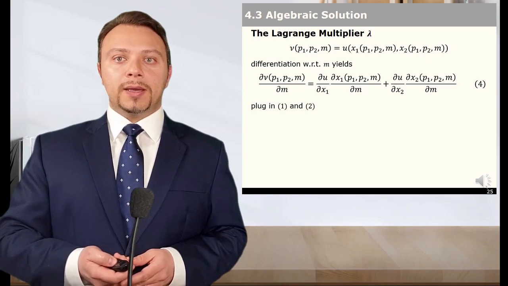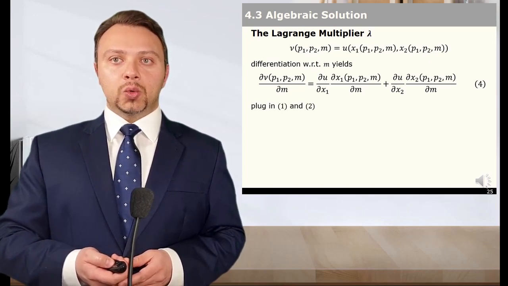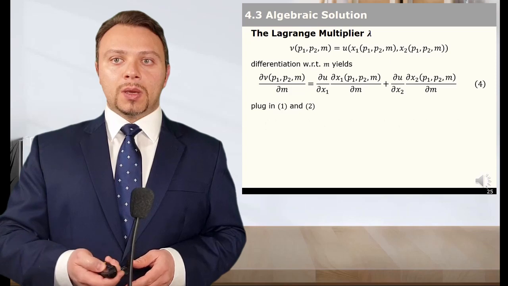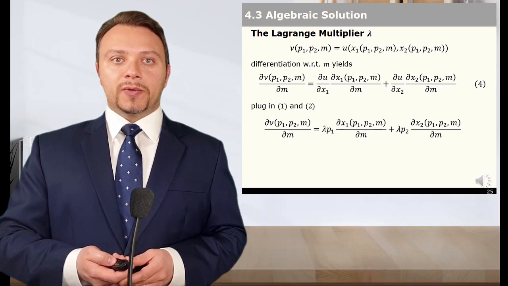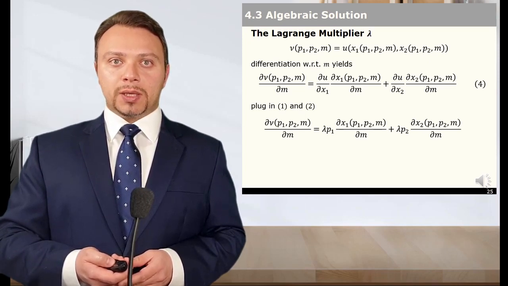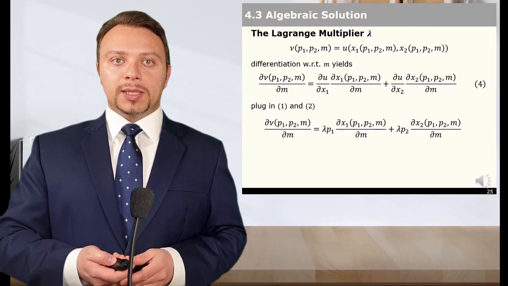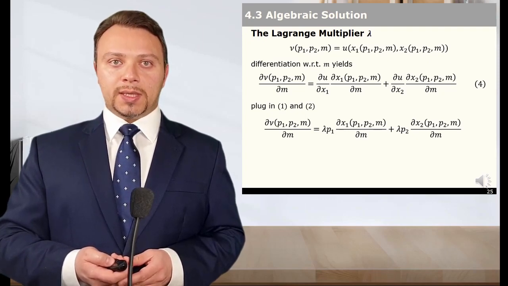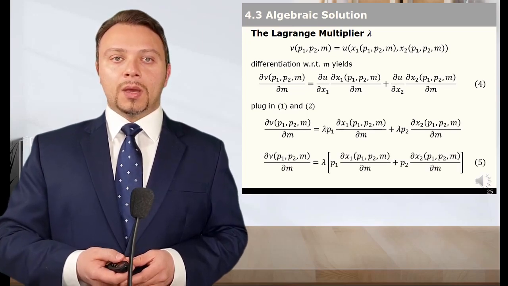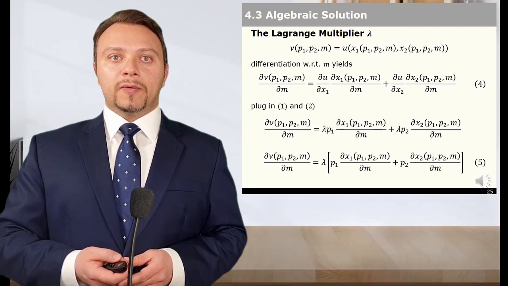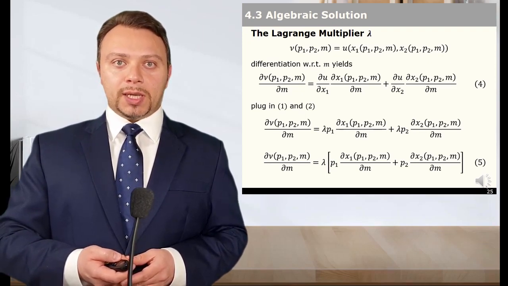Let us now plug in 1 and 2 into this equation such that we get this expression, lambda times p1 times the derivative of the Marshallian function with respect to m plus lambda times p2 times the derivative of the Marshallian function of good 2 with respect to m. Here we can factor out lambda, which will result in equation 5.